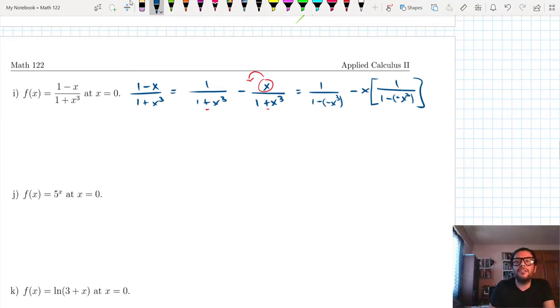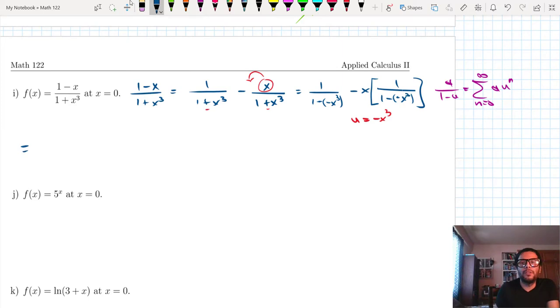For both cases, notice this has a u of negative x cubed. Okay, so I'm going to use the power series representation for a divided by 1 minus u, which is sigma a u to the n power, n equals 0 to infinity. I'm going to use that power series representation.